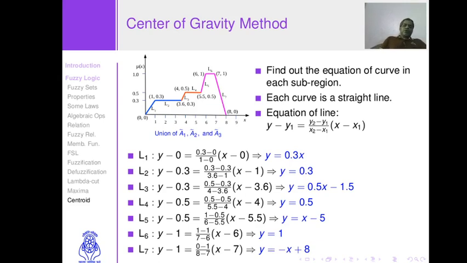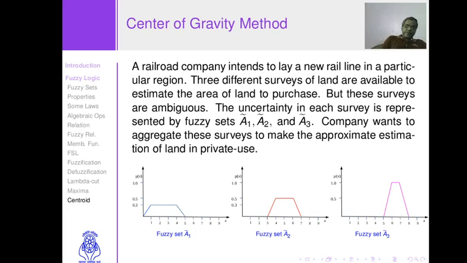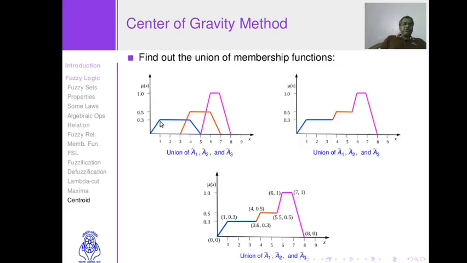Okay, so I repeat the procedure once again. Here we have three membership functions represented by 3 different curves. So take the union of these 3 membership functions. Just put them together and take the outer curve only. So this is the final curve of the union of the membership functions.